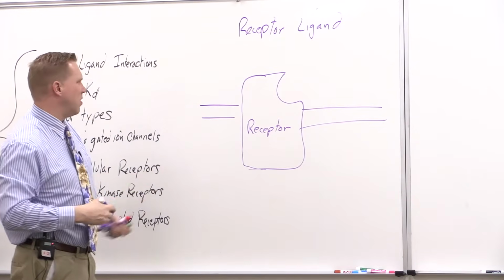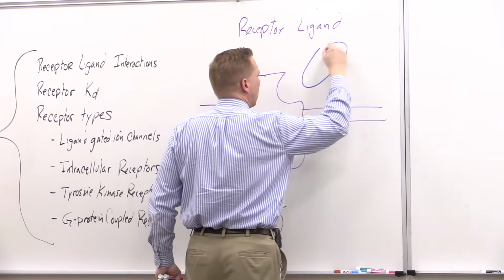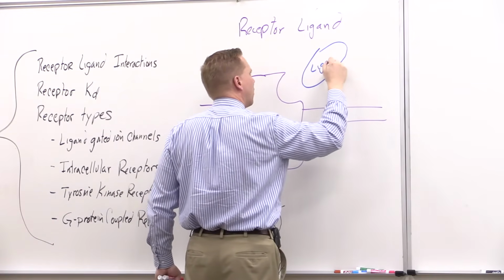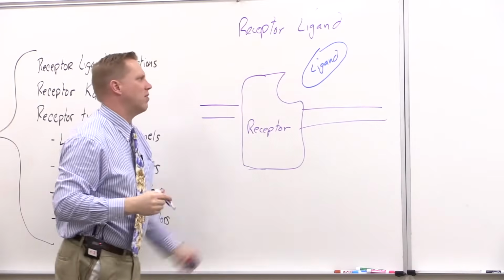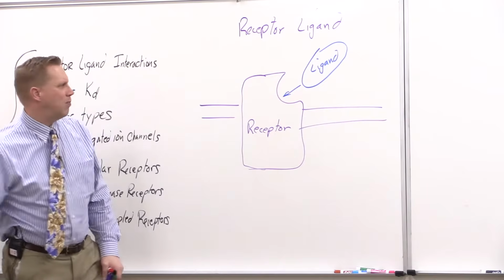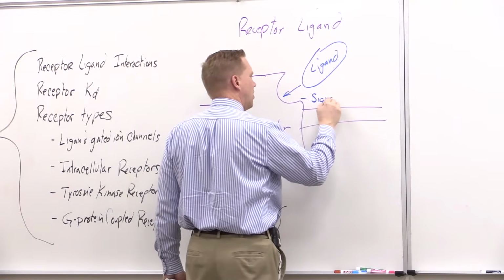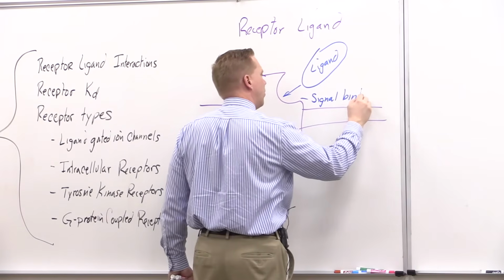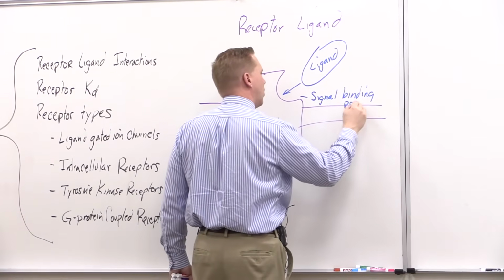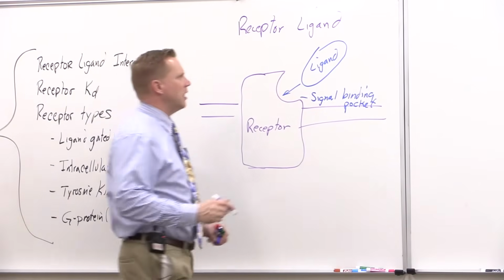And then the receptor is going to have some kind of ligand that binds with and associates. That ligand is going to come into that binding pocket, which is called the signal binding pocket. So that ligand is going to come in and bind in that pocket.